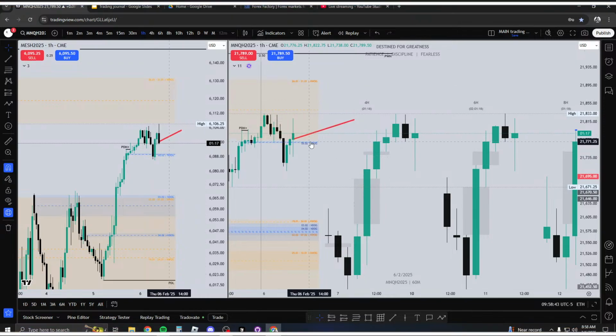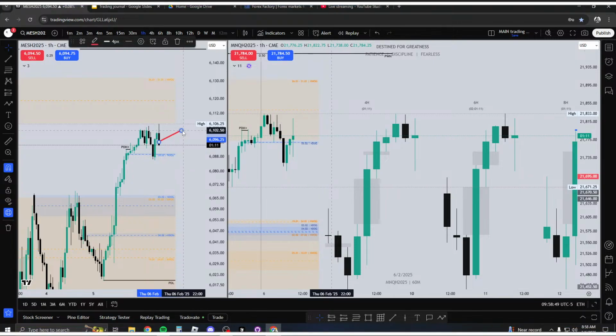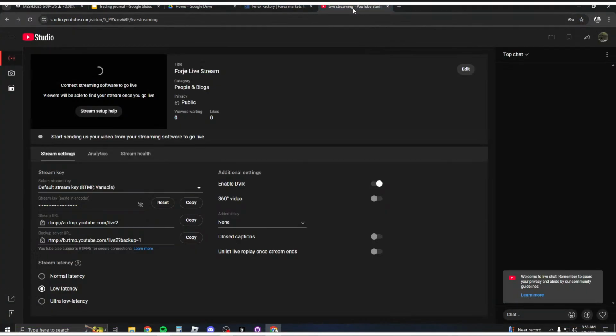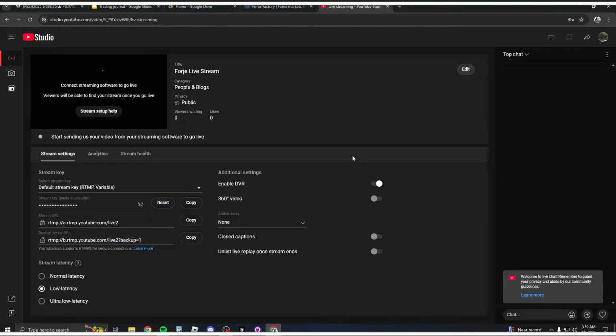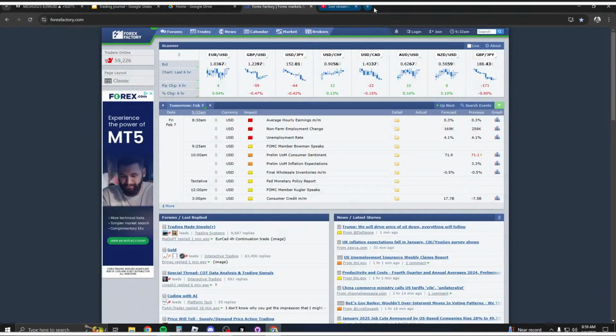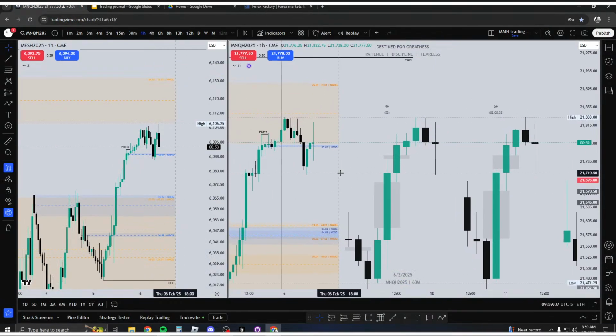So it's interesting to see what prices are doing right now. So there's that SMT between the markets, as in ES is suggesting lower and Q is suggesting higher. I don't know why it's not loading, but let's just forget that.